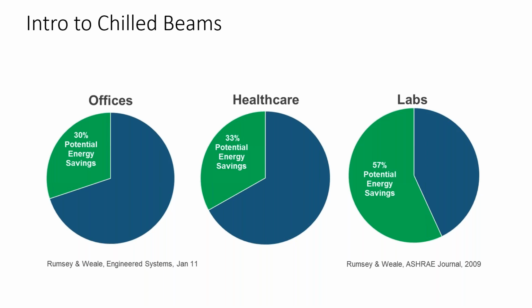Now, in the case of labs where you have specifically a dry heat, very sensibly driven spaces, you can really save a lot of energy for the same reasons we've talked about with offices and healthcare, but just to a higher degree. Now, with labs, the placement of the beams is important, whether they're over benches or the aisleways.